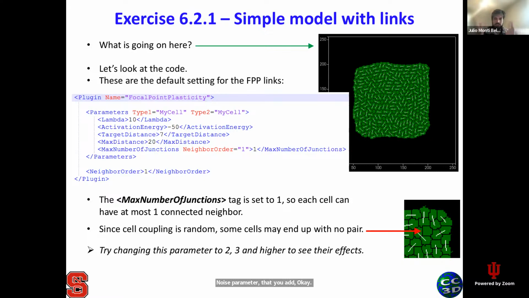So you don't have a direct correspondence between the force that it generates and the unit of newtons. But doubling the lambda should be the equivalent of doubling the Newton force that results from those links.